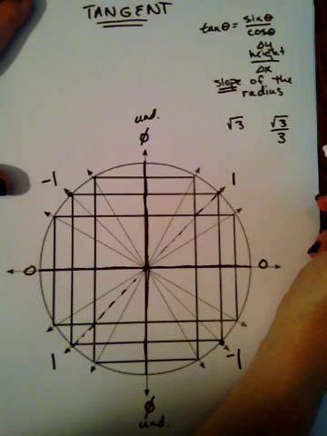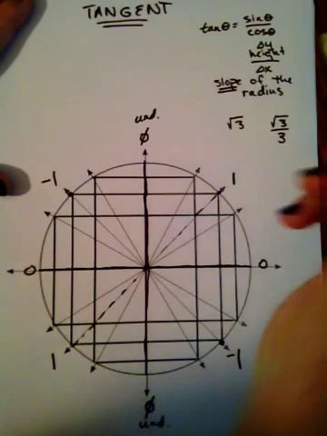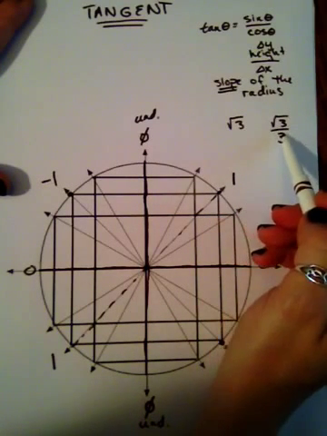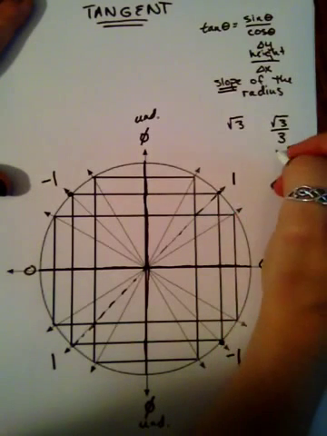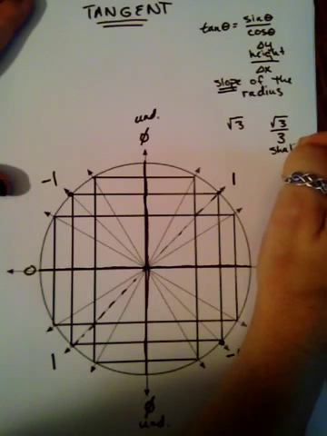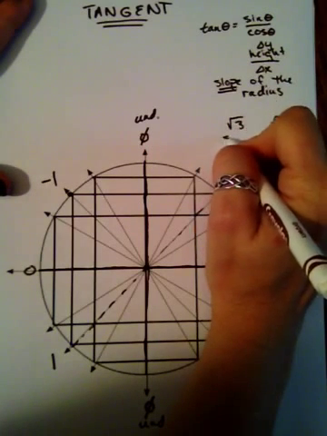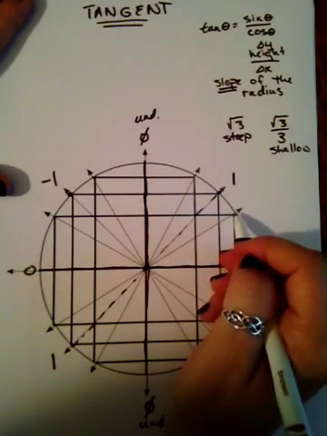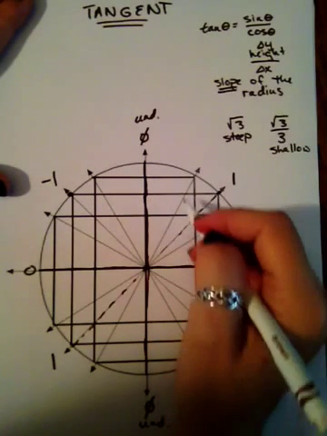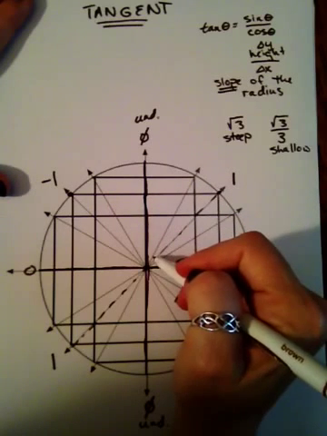The steeper the slope, the higher the number. This number is 3 times that number, or you could say this is a third of that. So this is the shallow slope, and this is the steep slope. So this line right here is shallow, this one is steep.